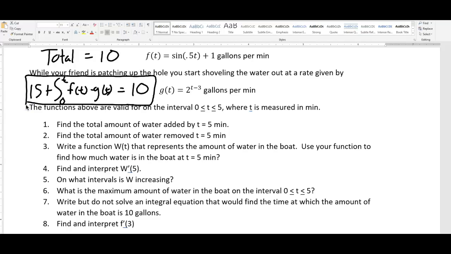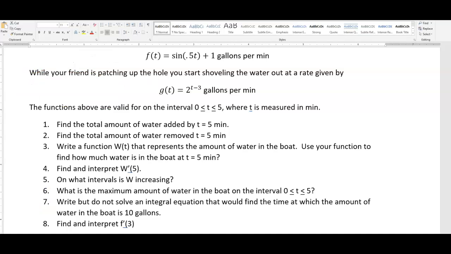If you actually wanted to solve and find t, you would graph this integral function on your calculator, graph 10, and find where those two things cross. But your calculator has a very hard time graphing integral functions, so it'll take a long time. That's why I just said write but do not evaluate. All right, but I have seen that question asked a few times.